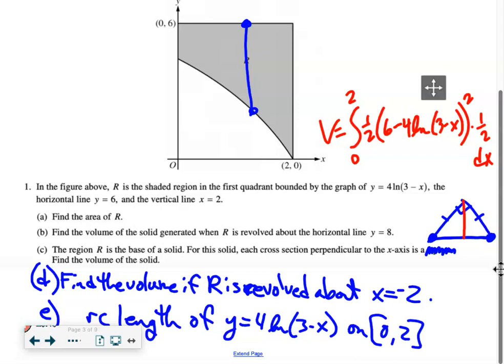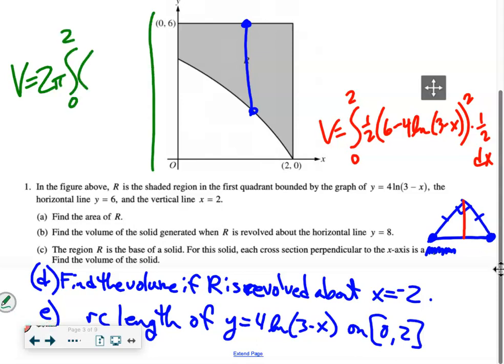So arc length, in case you've forgotten the formula, is the integral of the square root of 1 plus f prime... Oh, I skipped D. I'm so sorry. Let me erase. We're revolving about the line x equals -2. What method should you use? Shell. So when you're doing shell, you have 2 pi r.